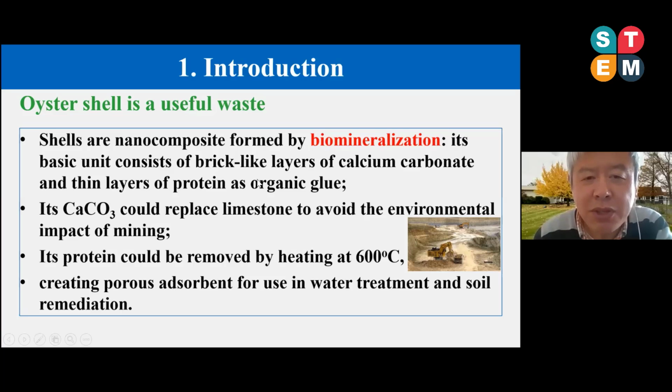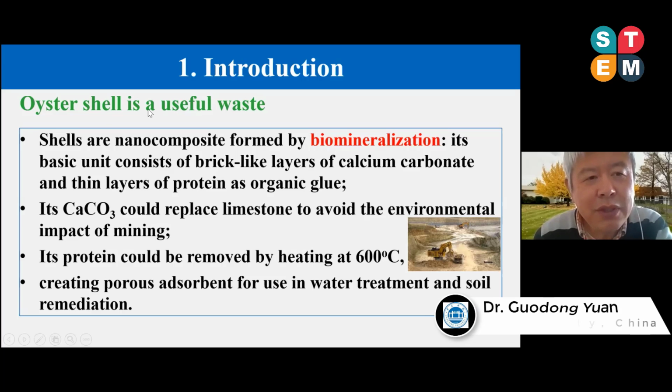In terms of structure, the basic unit of the shell is interlaid hard material, which is calcium carbonate, and soft material, which is a protein. So from a science point of view, it's a very interesting material.